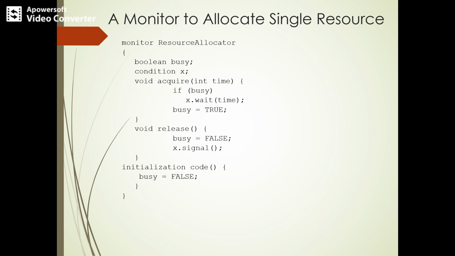If busy is true, it has to wait for some particular time, else it can set busy to true. Once it has acquired the resource, it can access it directly, and it can set busy to false during release, and you call the signal operation for that process.